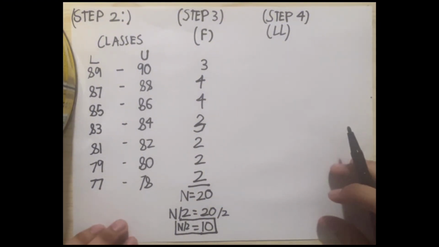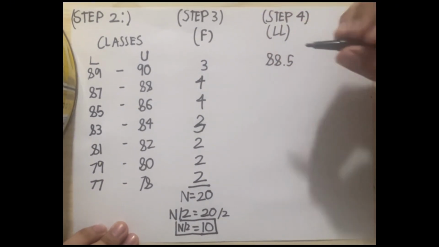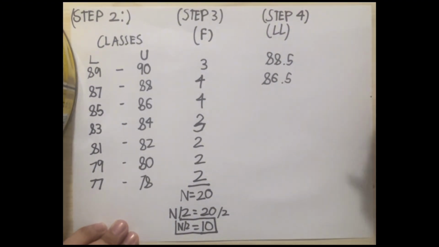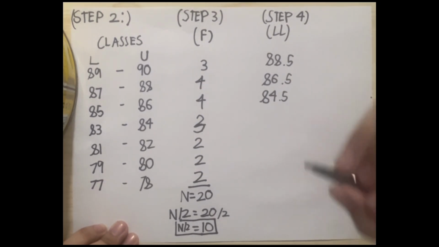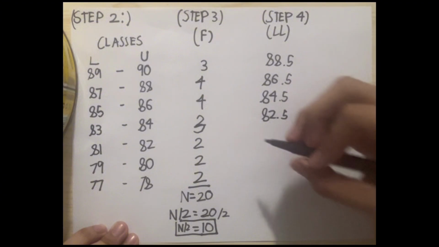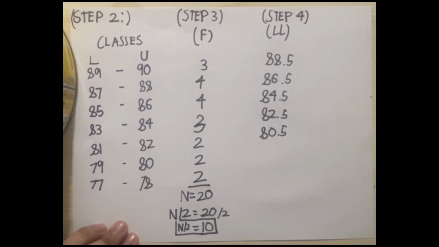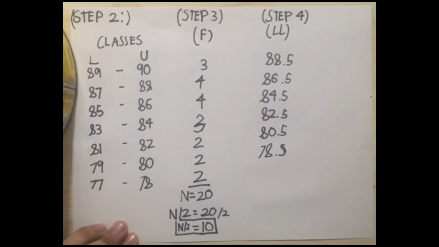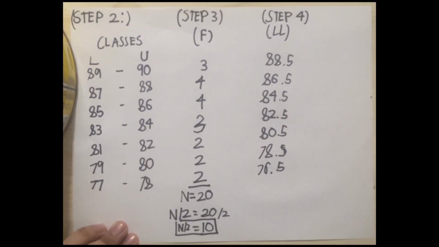Now, let us begin. 89 minus 0.5 is 88.5. 87 minus 0.5 is 86.5. 85 minus 0.5 is 84.5. 83 minus 0.5 is 82.5. 81 minus 0.5 is 80.5. 79 minus 0.5, 78.5. 77 minus 0.5 is 76.5.